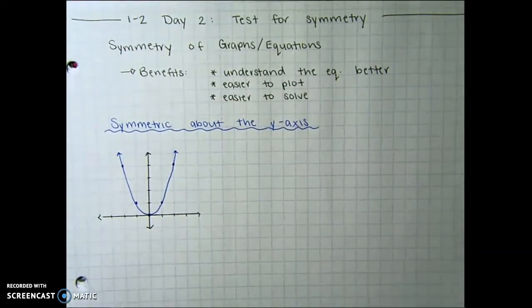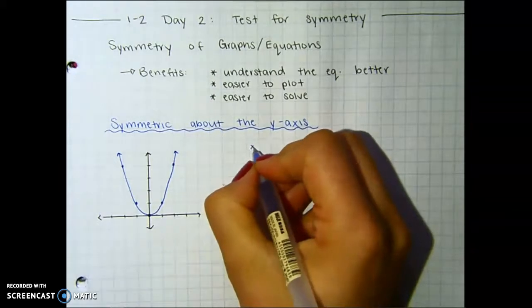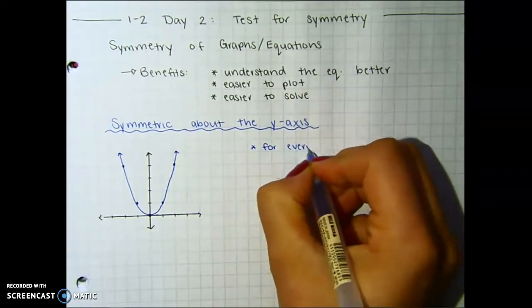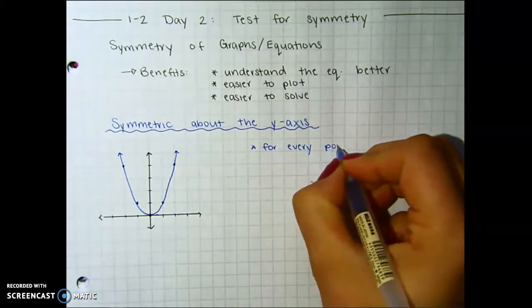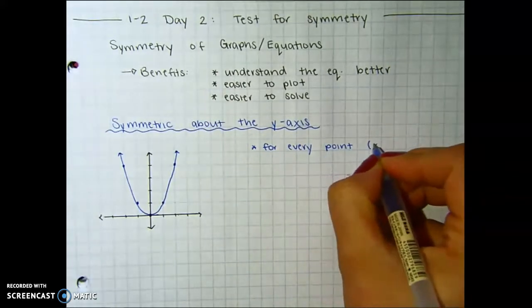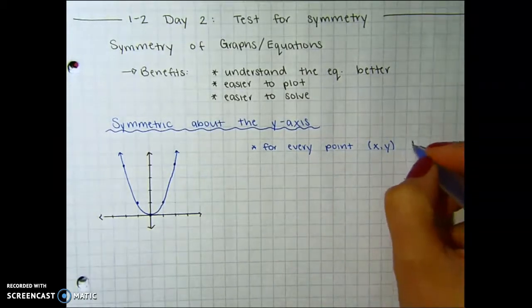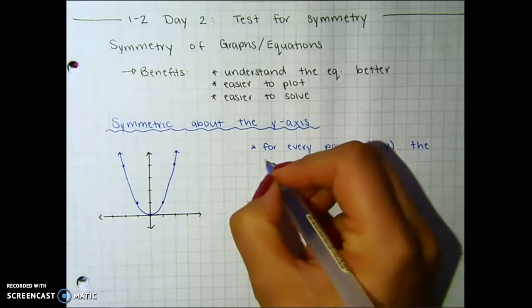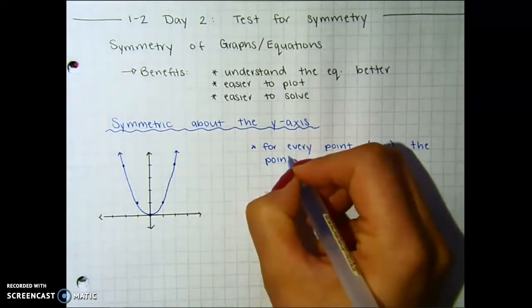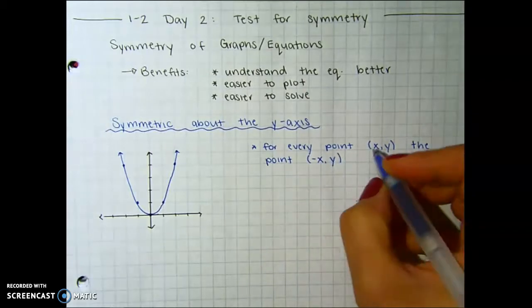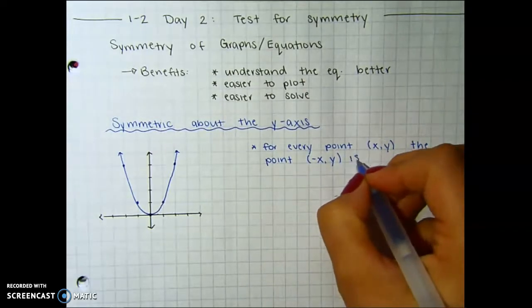Okay. So when something is symmetric about the y-axis, then for every point, let's call it x, y, the point negative x, y is also on the graph.